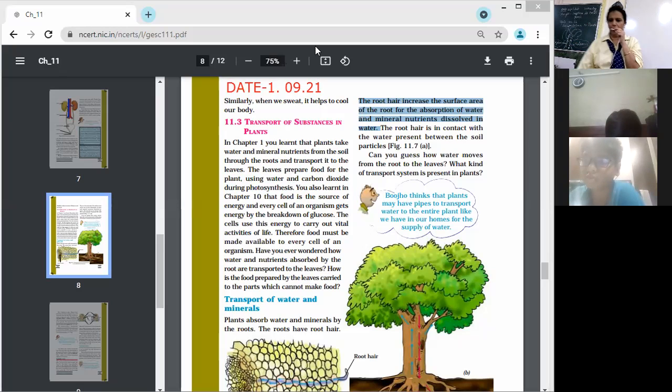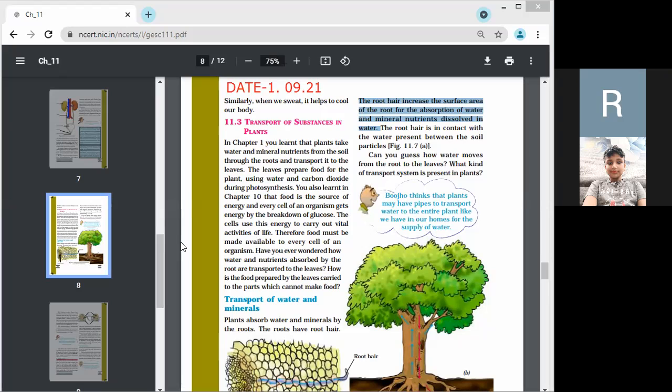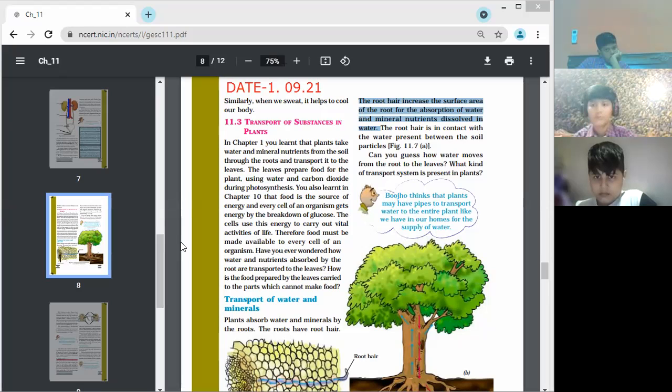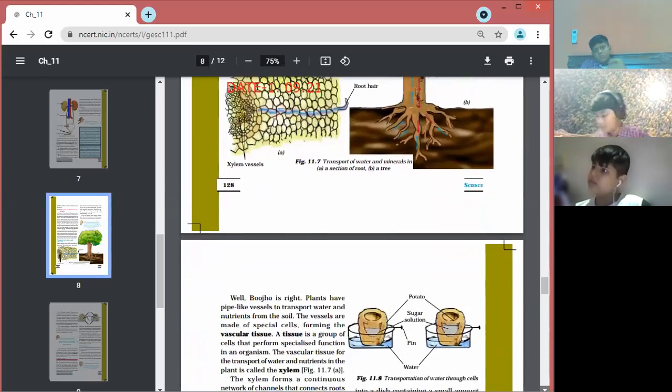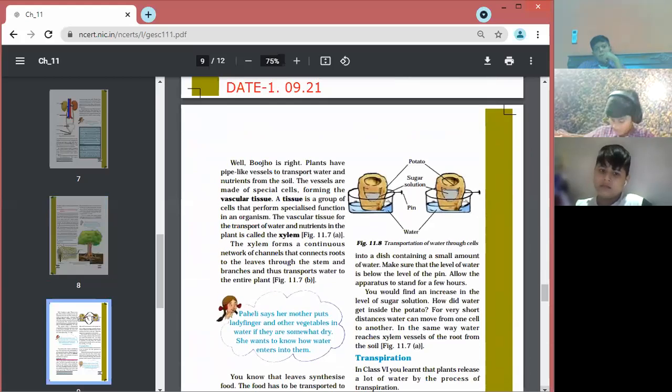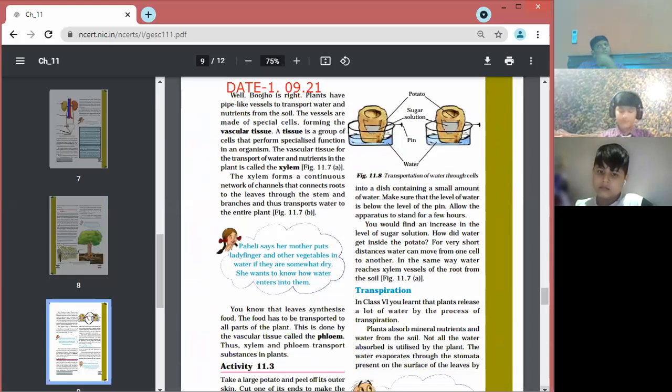In the same way as the arteries and veins work in our body, carrying oxygen-rich and carbon dioxide-rich blood, in plants the xylem and phloem do this function. One carries the water and minerals and the second carries the food.